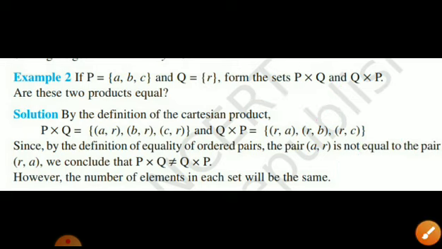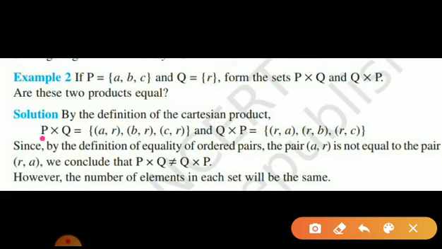Now let us find first P cross Q and then Q cross P. Now see, P cross Q, that means my first element should be an element of the P set, and the second element should be an element of the second set.